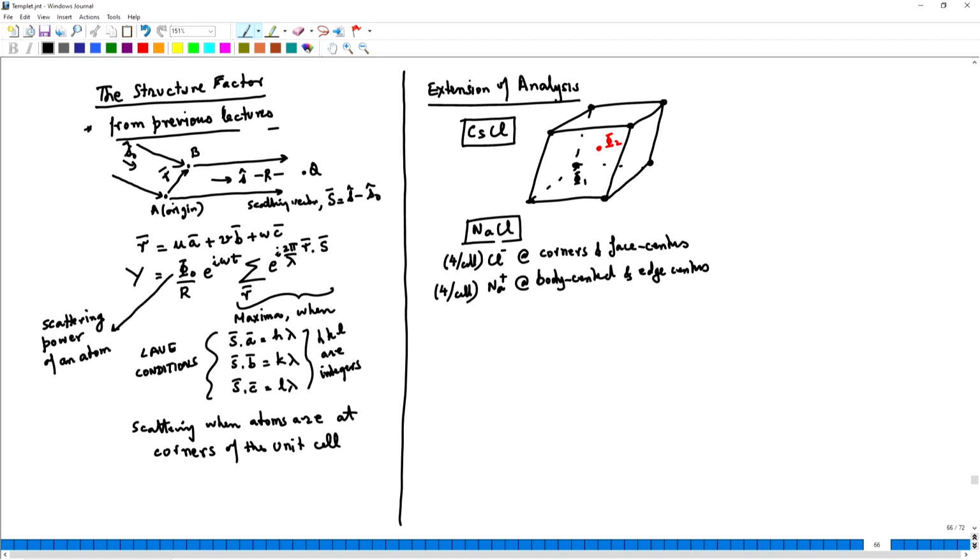So, we want to now solve this problem of scattering in a very general way.